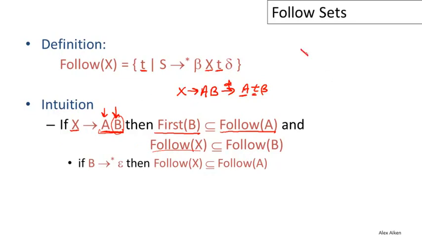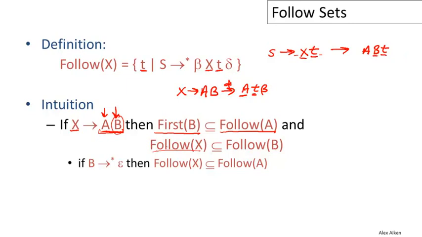Let's say that we have a derivation from the start symbol, and we wind up with X followed by T. There can be other stuff around the X and the T, but let's ignore that for the moment. Let's just focus on the XT. Then we can use this production, X goes to AB, and in one step, we can get to ABT. And now we see that T was in the follow of X, and also T is in the follow of B as a result. So anything that's in the follow of X will also be in the follow of B.